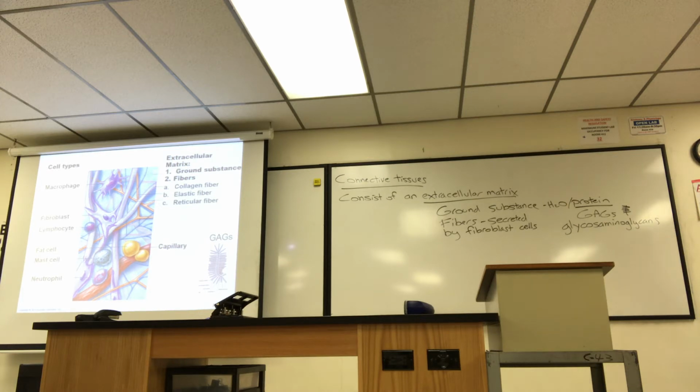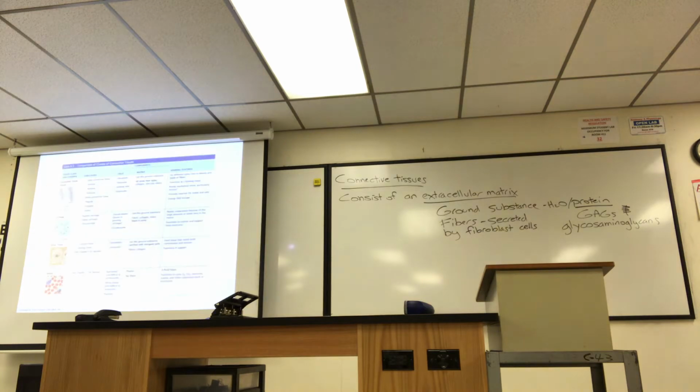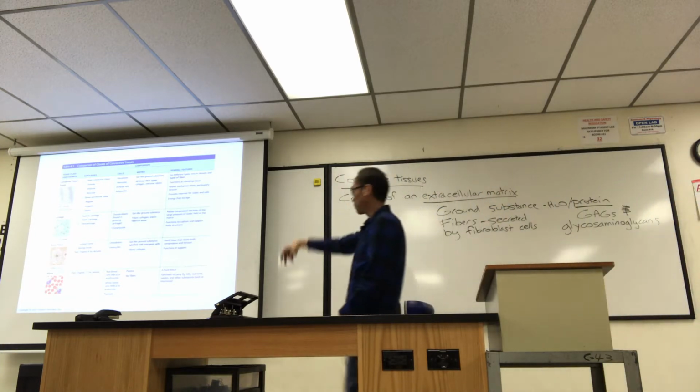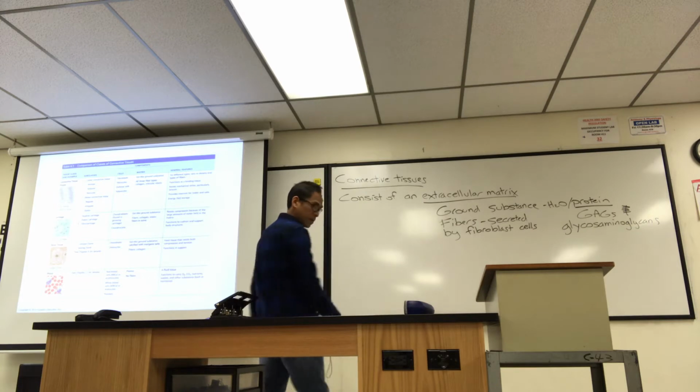If the cells are doing okay, the tissues are going to do okay. The cells that live in your tissues keep the tissues functional. Now, there are a lot of different connective tissue subcategories, and this table in your book outlines it for you, so let me go through that.